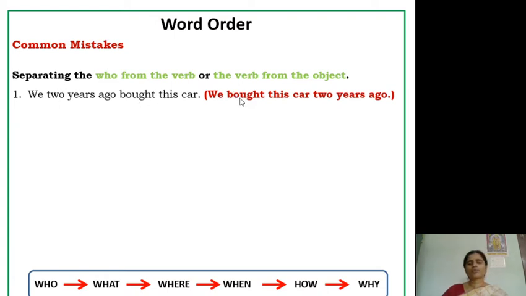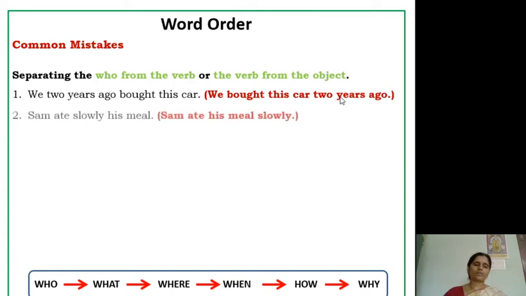Now we'll see the right one. We is the subject. Immediately after the subject, we have to get the verb. We bought. What did you buy? This car. When? 2 years ago. So this is the way we have to order the words. Let us see one more example. Sam ate slowly his meal. Sam is the subject. Ate is the verb.